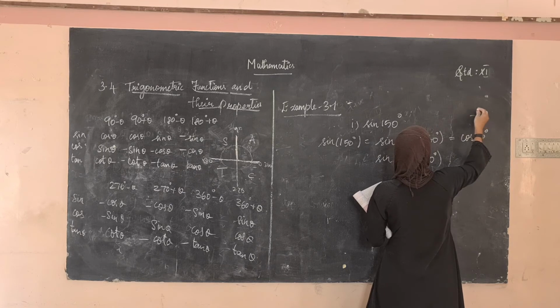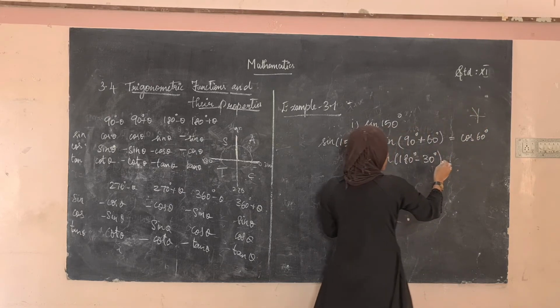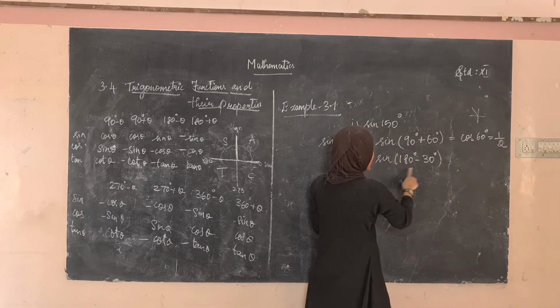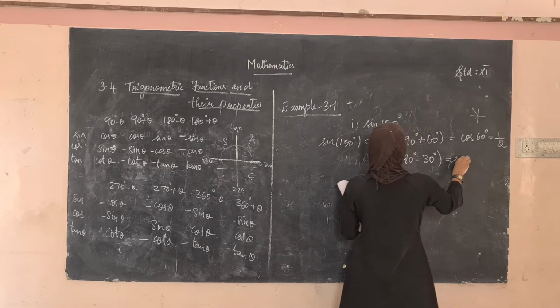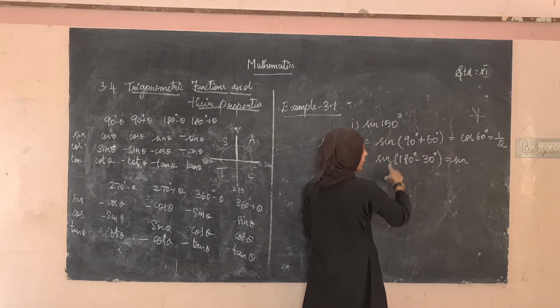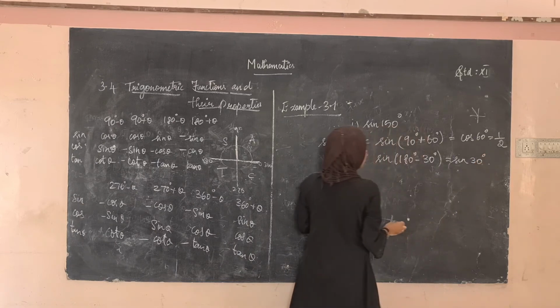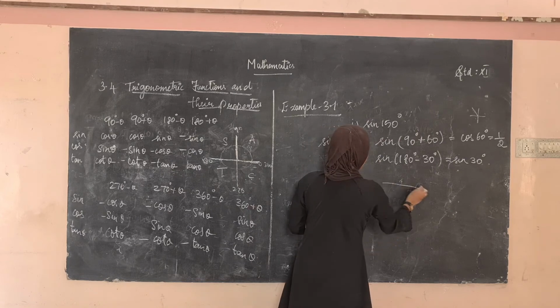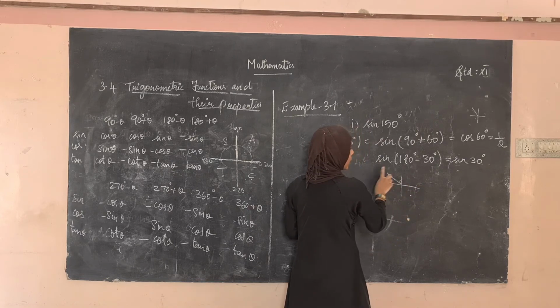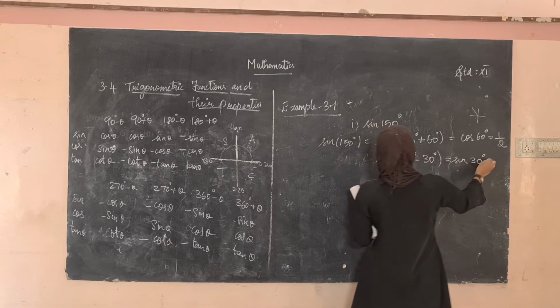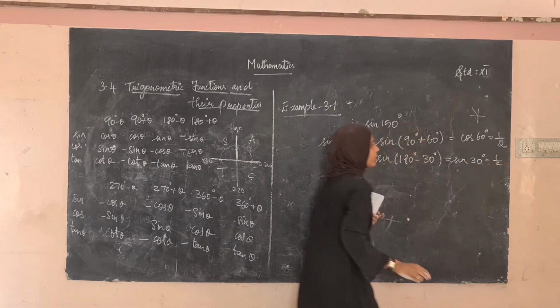But 90 plus is in the second quadrant, where sin is positive, so that is cos 60 degree, that is 1 divided by 2. In the other method, sin of 180 minus 30 degree: no need of changing the function because it is 180, so sin 30 degree. 180 minus is in the second quadrant, and sin should not change to minus because sin is positive. So sin 30 degree is 1 by 2 in either method.